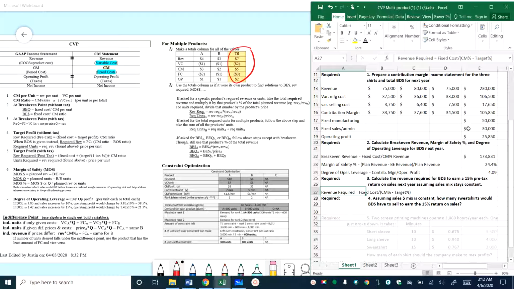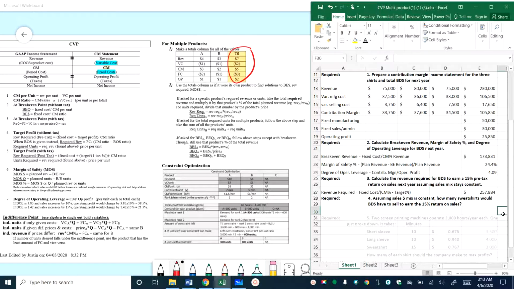So if we take our fixed cost of $80,000 divided by our CM ratio, so this divided by your revenue, and then subtract off your 15% return on sales, that should give you your $257,884 of revenue required to hit that return on sales.